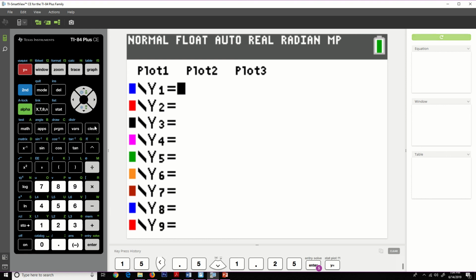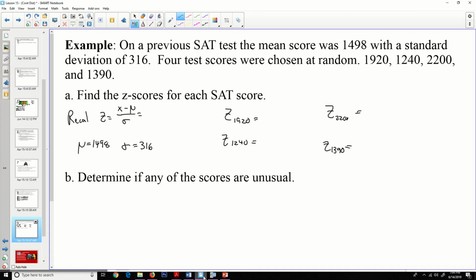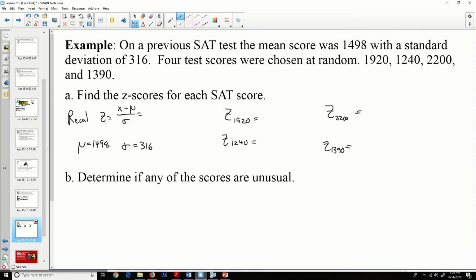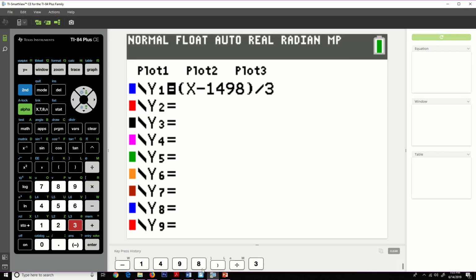So I'm going to clear out all that noise, and I go parenthesis, x minus our mean, which is 1498. And then we're going to divide that result by the standard deviation, which is 316.